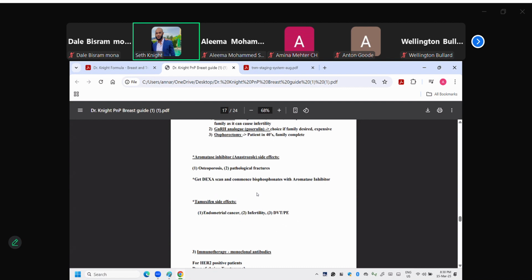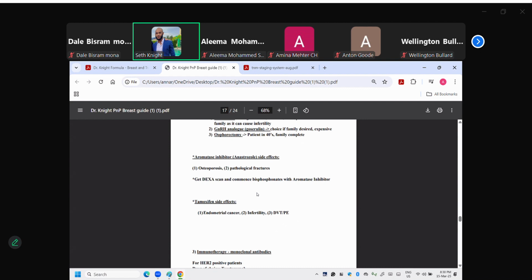And then aromatase inhibitor. So remember, these ladies are getting their estrogen from fat. Aromatase converts the fat into estrogen. So if you give the aromatase inhibitor, you have no more fat being converted into estrogen, and your estrogen levels drop. Just like in a postmenopausal or early menopausal state where you take out a woman's womb and ovaries, you have to be concerned about osteoporosis because estrogen protects the bone.